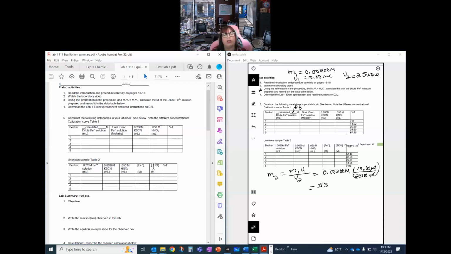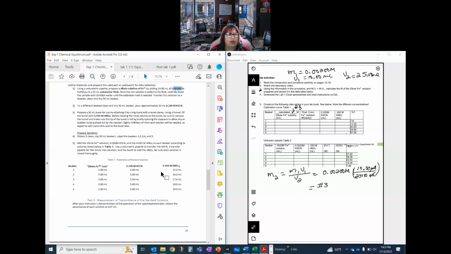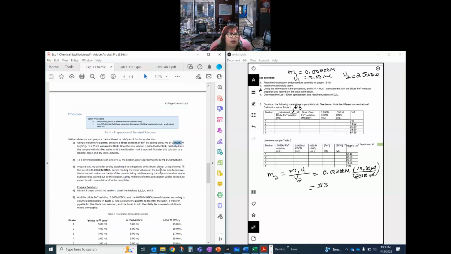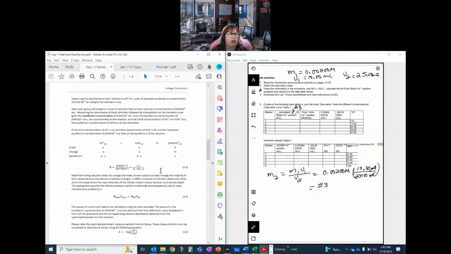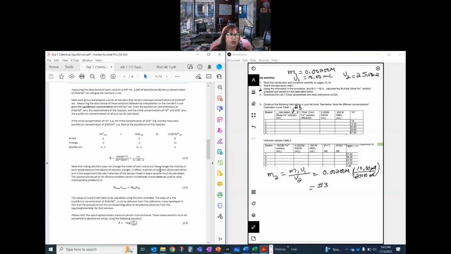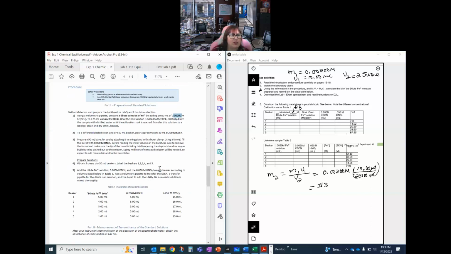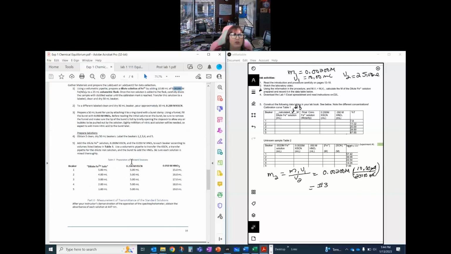So the first thing we need to do is collect all the information from the lab manual about what we actually did. So I'm going to go back to the lab manual and look to see where that information is. We've got two tables full of data that we're probably going to have to use. And actually the first one that I want to talk about is table 3, preparation of standard solutions.